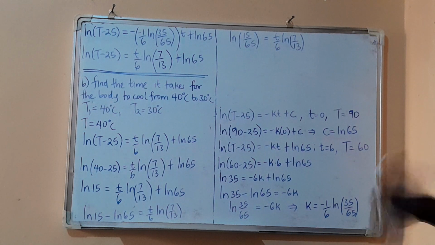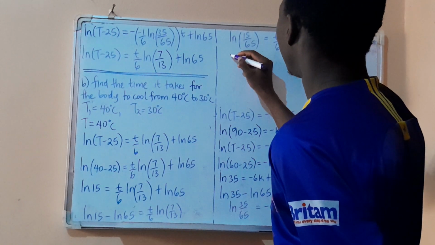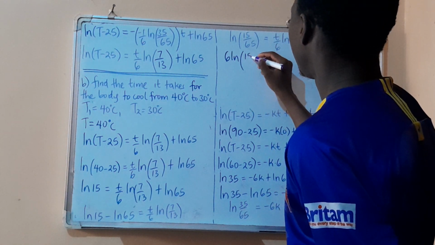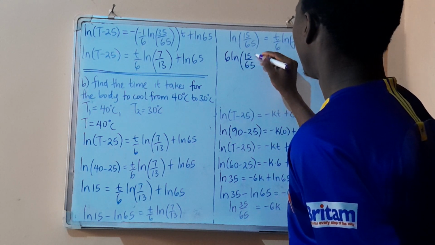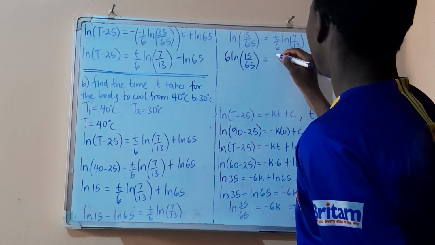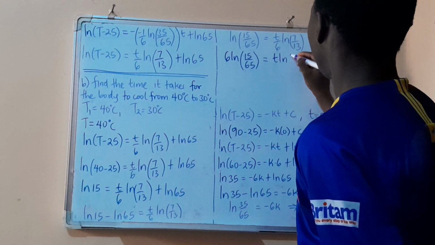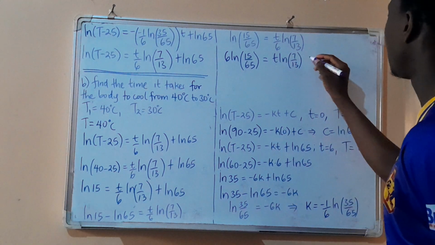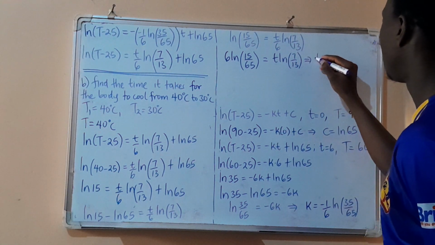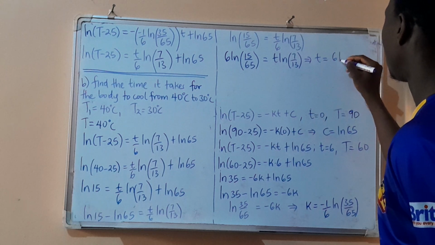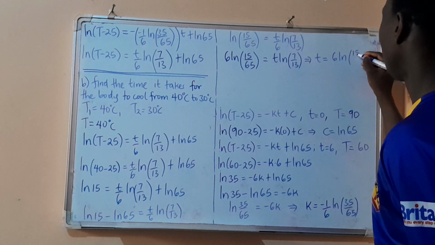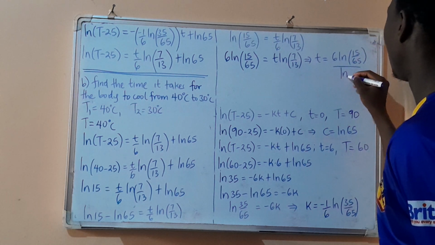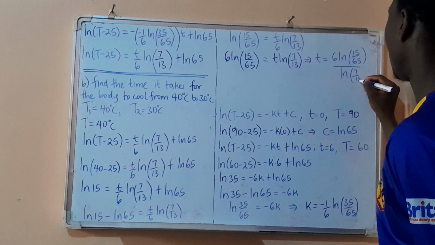So we can make T a subject. So we have 6 log 15 over 65 is equal to T log 7 over 13. So this implies that T is 6 log 15 over 65 over log 7 over 13.